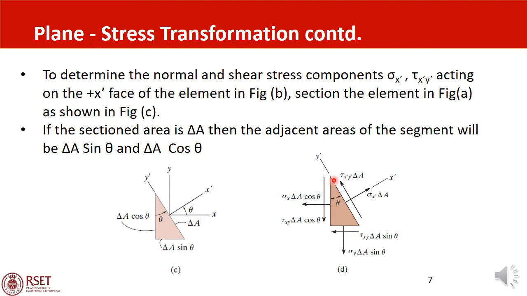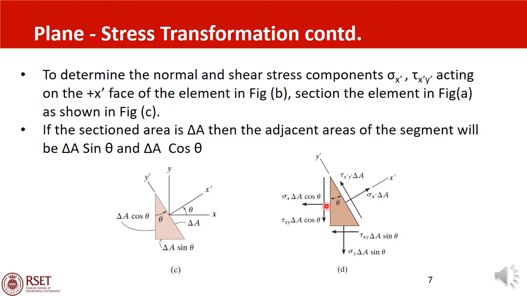Now we mark all the force components on this new element. On the bottom face we have the stress component sigma y. When it is multiplied with the corresponding area, we get the force component as sigma y into delta A sin theta. The stress component on the vertical face is sigma x.